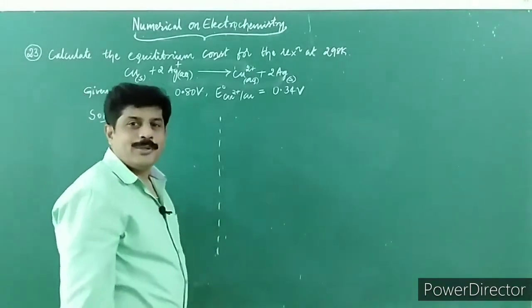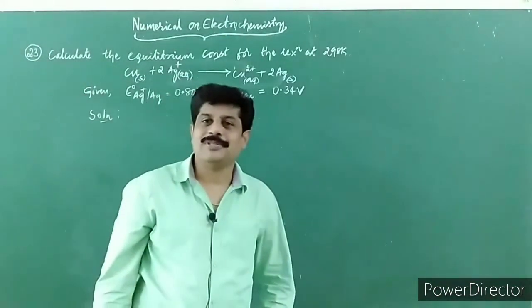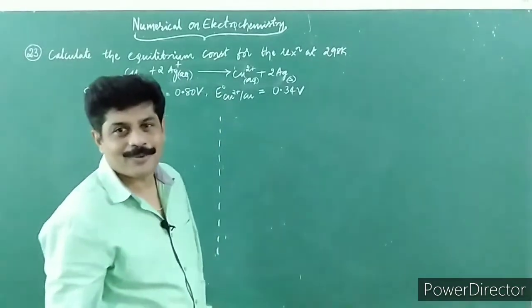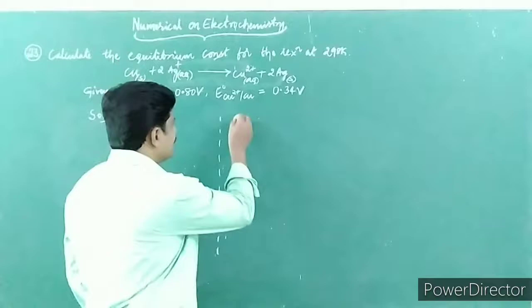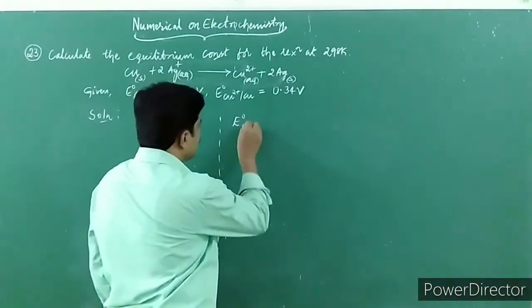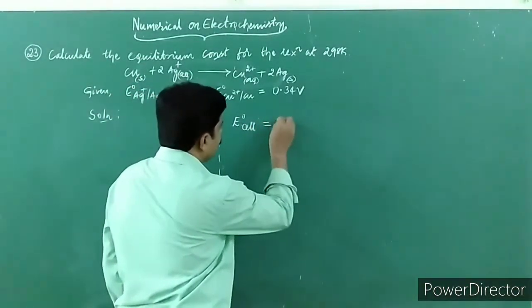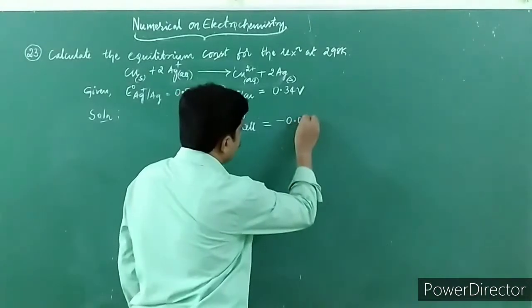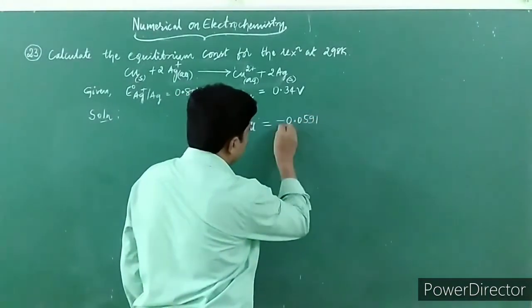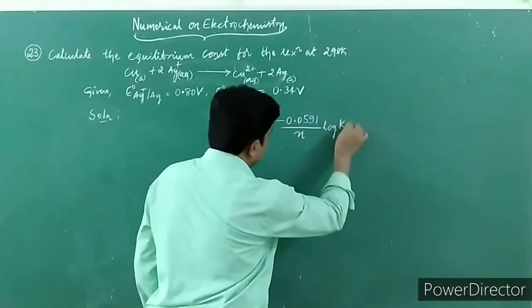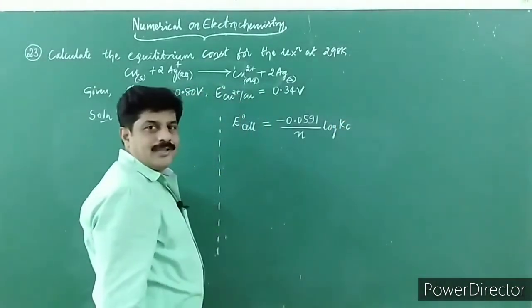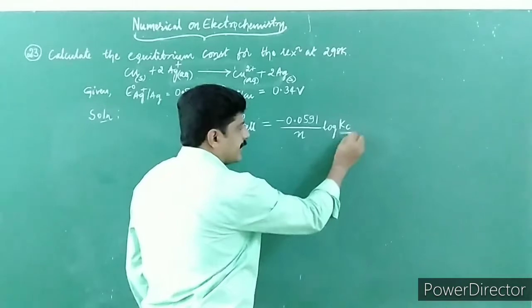Children, you know the expression which is used to find out the equilibrium constant, that you already learned in the previous classes. What is that? E naught cell is equal to minus 0.0591 upon n into log of Kc. You are supposed to find out Kc, is it not?